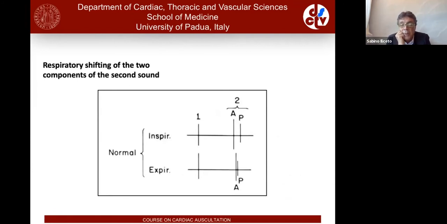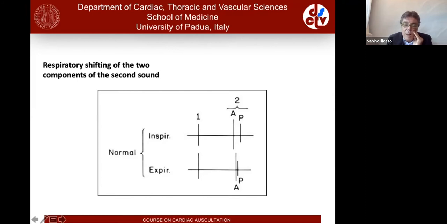This is more common in kids than in adults, and it depends on the fact that during inspiration, the returning of blood to the right side makes a delay in the contraction and in the closure of the pulmonic valve, and is simply the result of overload due to the returning of blood from the body to the right side of the heart. Sometimes the second sound can be fixed and split, and this is what happens in atrial septal defect.